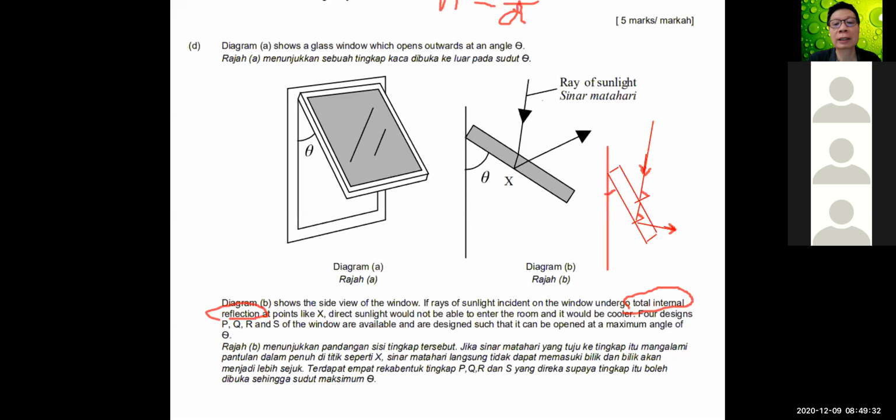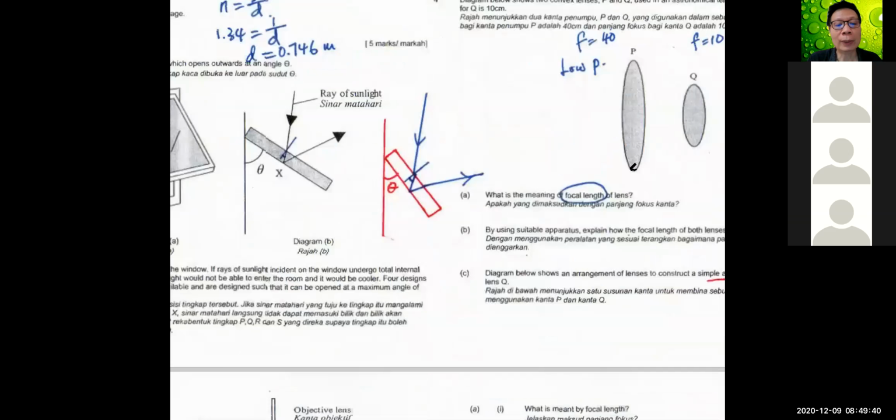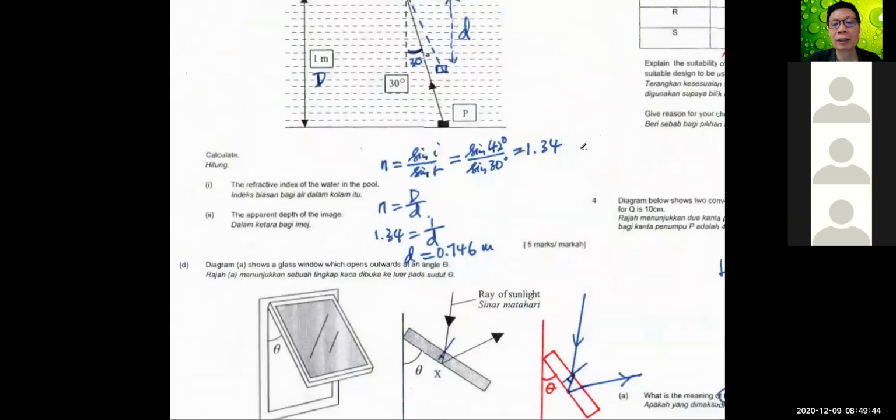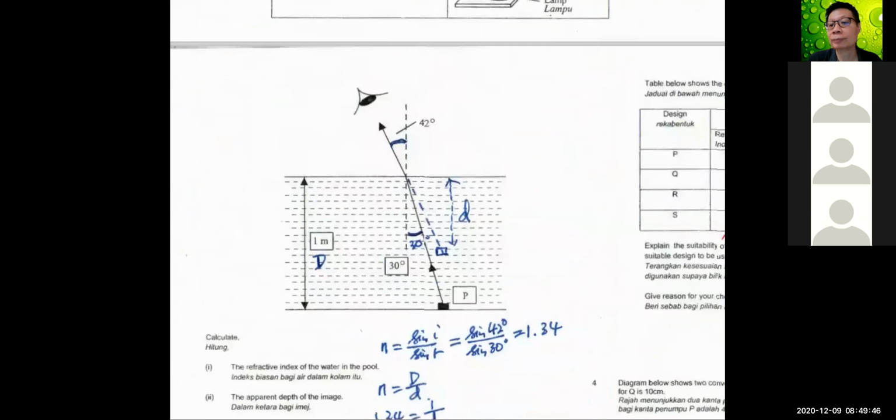Okay, come. Now let's look at the question. What does the question ask? We have this diagram already, right? The question is here. One moment, I need to shift it over here.